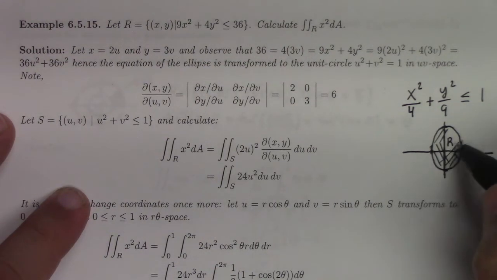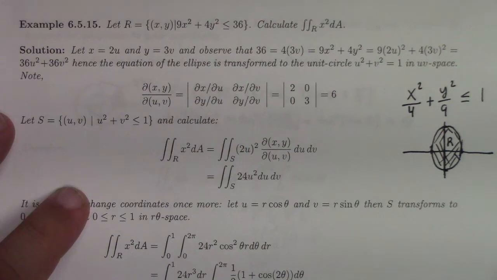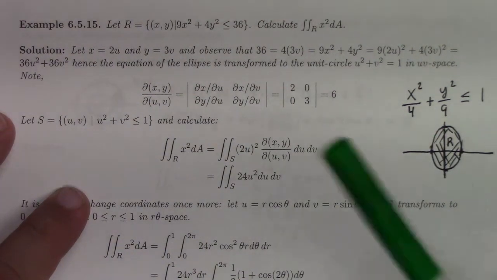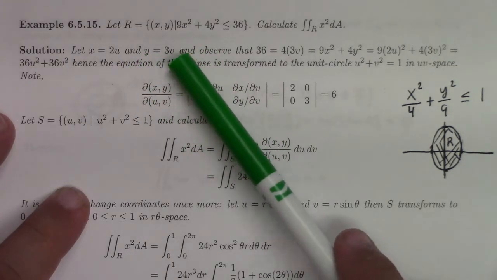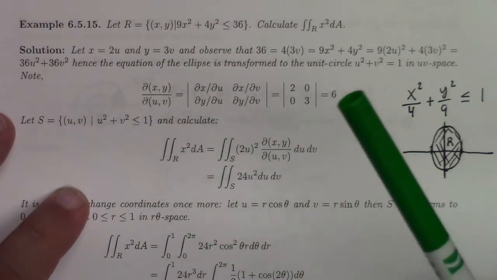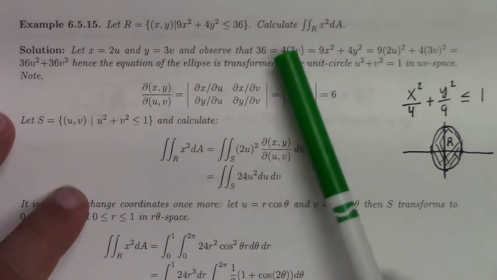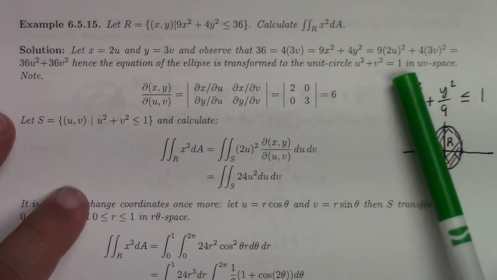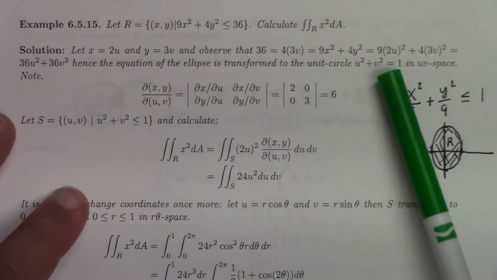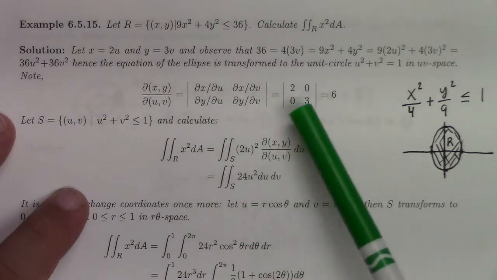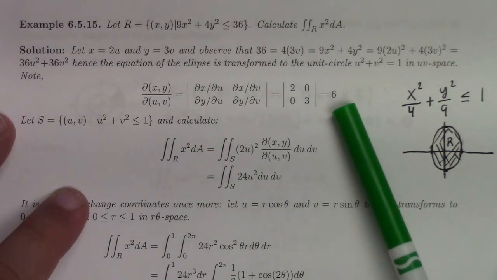And what I describe in this example is that we can use x equals 2u and y equals 3v to convert this into 36u squared plus 36v squared equals 36, which is to say u squared plus v squared equals 1. So I transform the ellipse into a circle in uv space, and calculate the Jacobian as being 6.